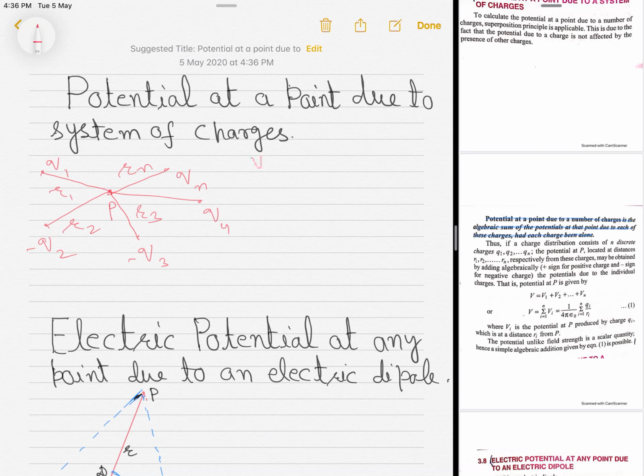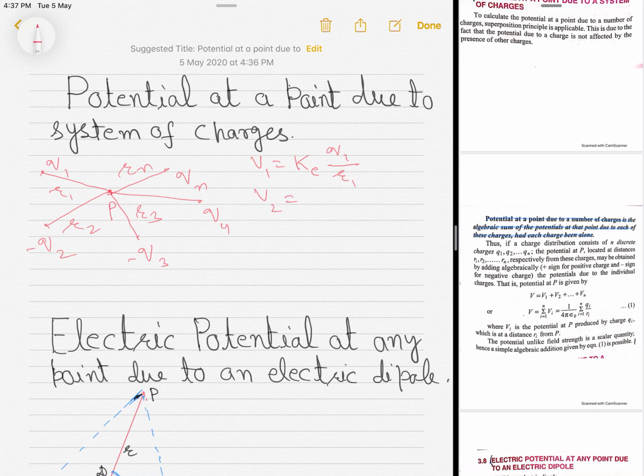Due to q1, V1 is equal to Ke q1 by r1, where Ke is the electrostatic constant, its value is 1 upon 4 pi epsilon naught, which is 9 into 10 to the power 9. It is due to a point charge, as you learnt in the previous class, kq by r.